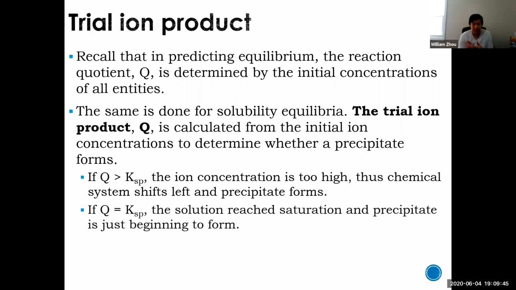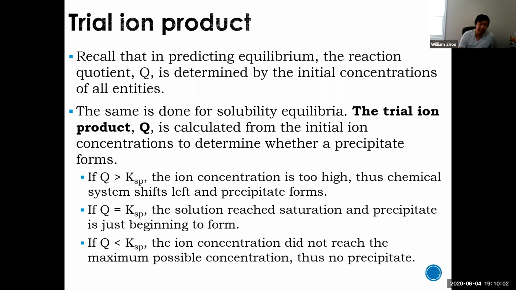If Q is equal to K, then you have this magic moment where you just reached the equilibrium, but you didn't form the precipitate yet. You're just beginning, so no precipitate. All right, so the size of Q when compared to the K will tell you whether a precipitate forms.